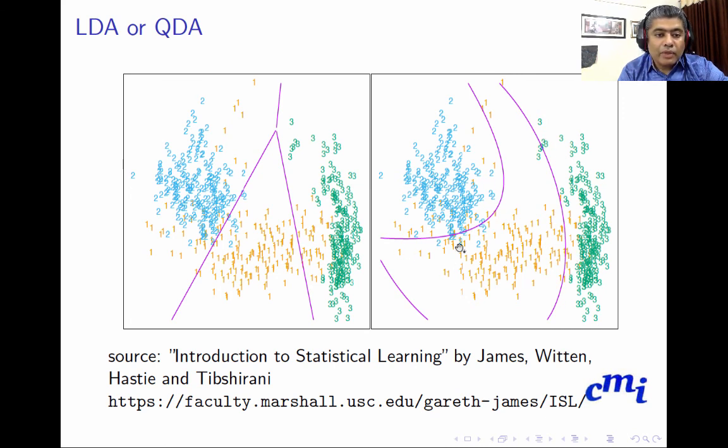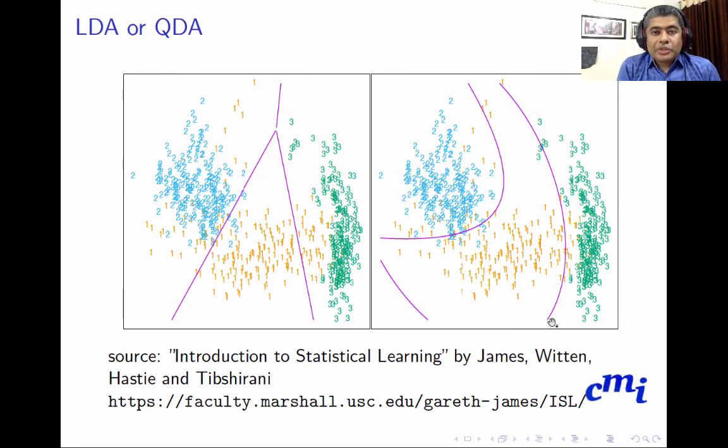Clearly the boundaries are linear when you apply linear discriminant analysis, and when you apply quadratic discriminant analysis, the boundaries tend to be quadratic or parabolic in nature, and that is why it's called quadratic discriminant analysis.